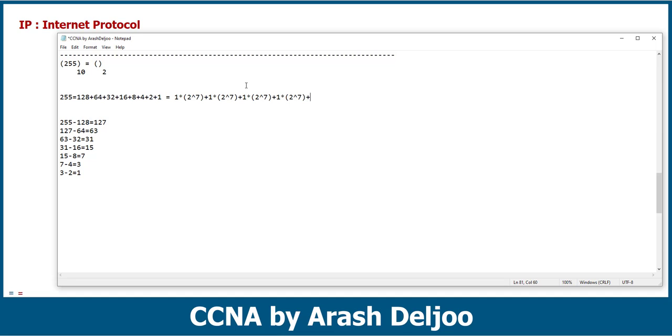Then 1 multiplied by 2 to the power of 6, 1 multiplied by 2 to the power of 5, 1 multiplied by 2 to the power of 4, 1 multiplied by 2 to the power of 3, 1 multiplied by 2 to the power of 2, 1 multiplied by 2 to the power of 1, and 1 multiplied by 2 to the power of 0. Okay, 128, 64, 32, 16, 8, 4, 2, and 1.